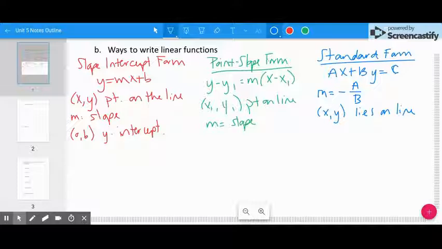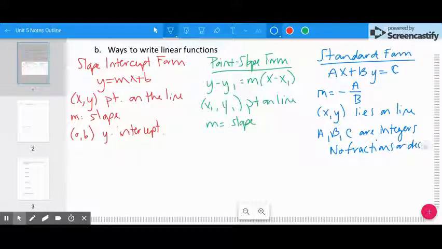And then a couple rules that we have to take into account for standard form. First of all, the values a, b, and c have to be integers, which means there's no fractions or decimals.